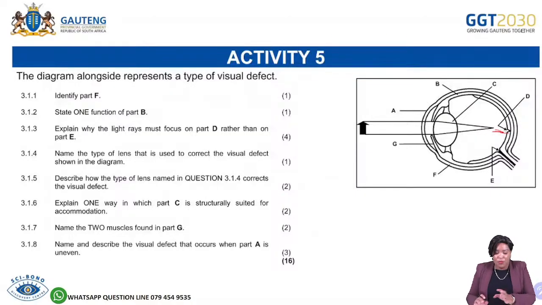Study the diagram. Before you even attempt the questions, you study the diagram, check what is your A, what is your B, what is C, what is D, what is E, what is F, what is G. Already you have your labels there. The eye makes sense. If you are struggling to learn the parts of the eye, start from the outermost layer going into the inside.